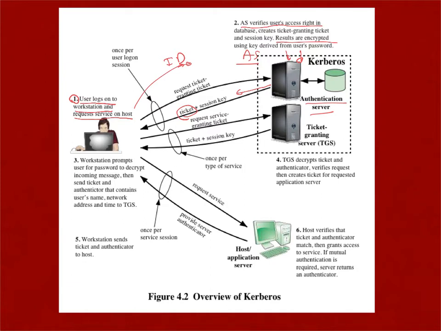But in order to make sure that you know the password, that you are really the person who says you are, this is the main purpose of authentication, I will use your hashed password to derive a key, and then use that key to encrypt a message to you. Only if you know that key, you can open that message and know what's inside. What's inside is the ticket and the session key that we talked about.